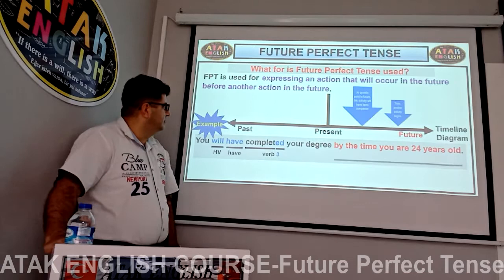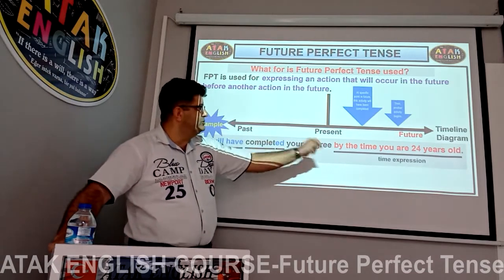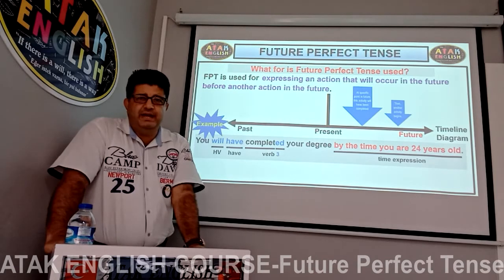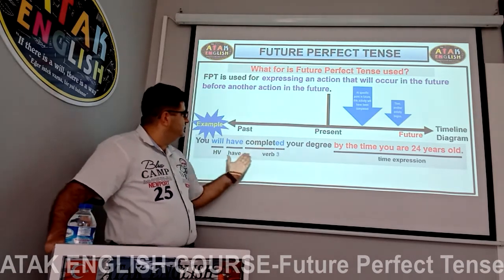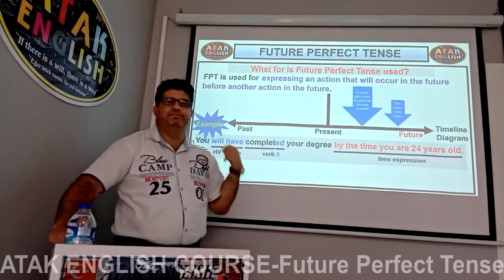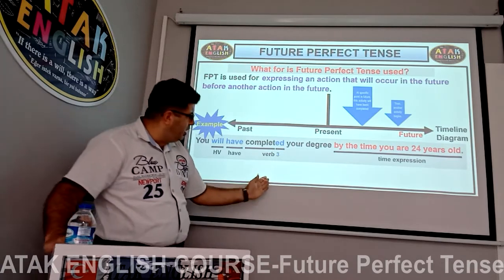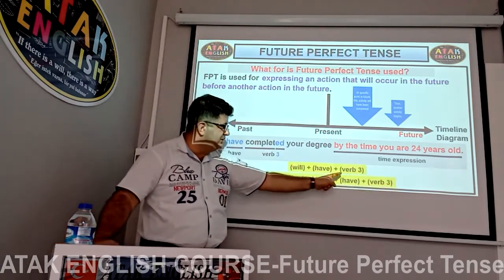There you go. And also, by the time you are 24 years old, tells us a time expression, and where I can use future perfect right before. And what is our word format? There you go.